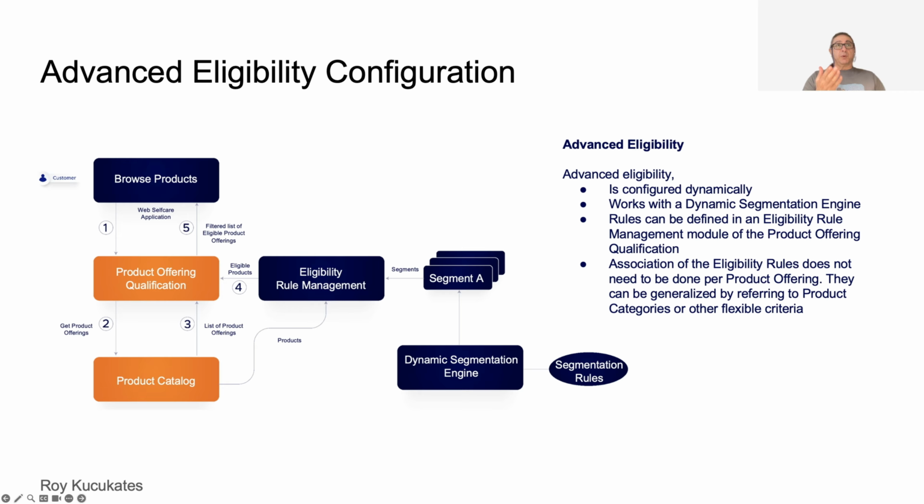So in this case, the product offering qualification request can come and get the product offerings, and then it can go to an external eligibility rule management system where it can interact with a dynamic segmentation engine, where the segmentation rules and segments are formed. In this case, it becomes much more flexible to manage the eligibility criteria.